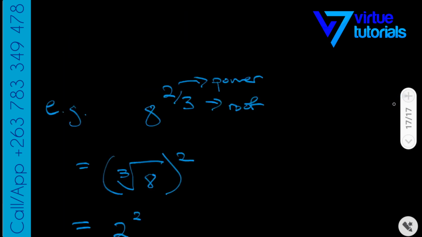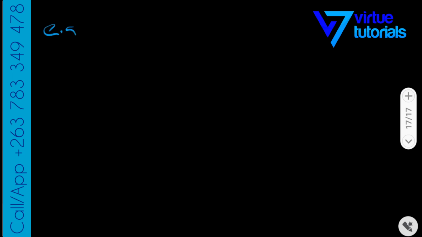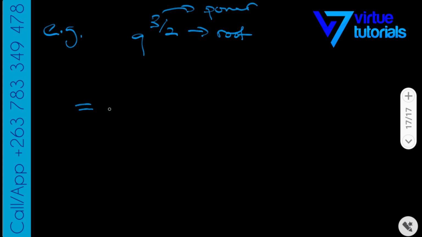Let's try another example. If we have something like 9 to the power 3 over 2, right? In this case, the 2 operates on the root and then 3 operates on the power. So you'll have second root of 9 to the power 3.